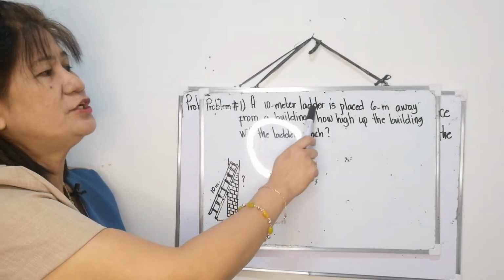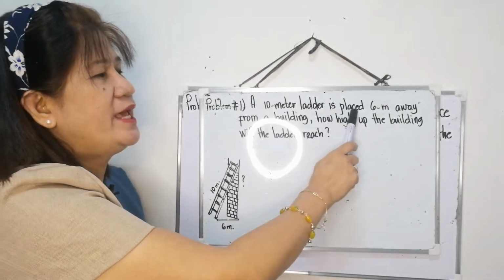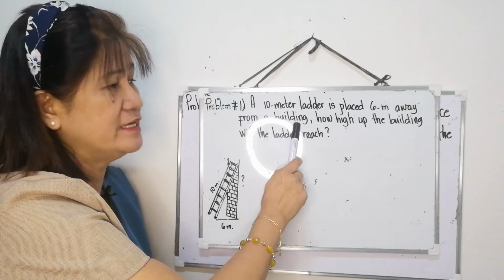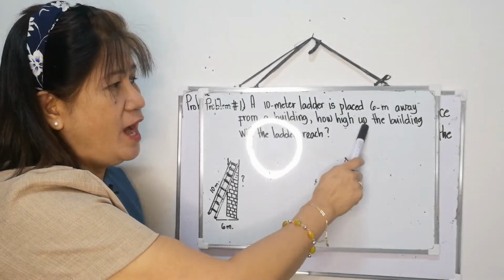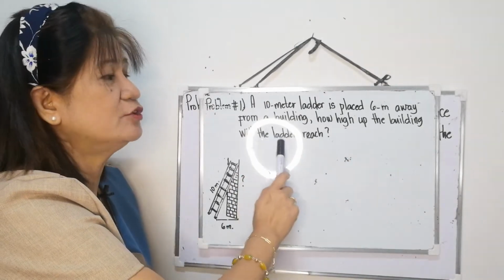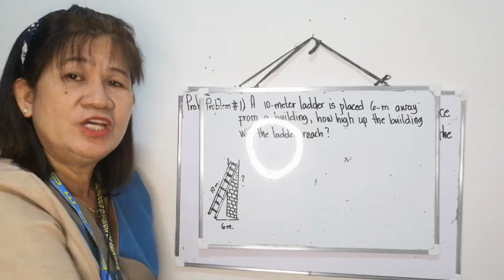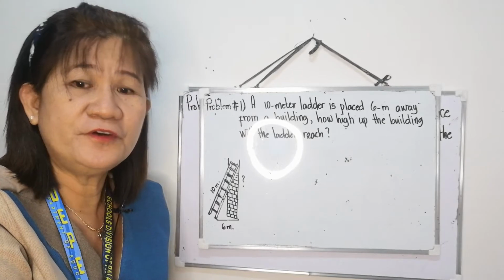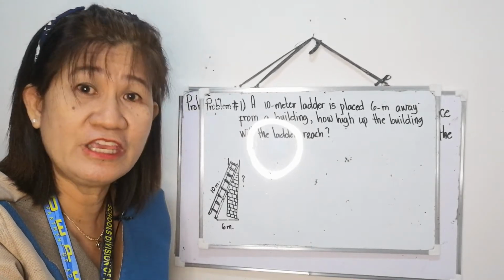A 10-meter ladder is placed 6 meters away from a building. How high up the building will the ladder reach? So if you remember, when you are solving a problem, first you should analyze the given problem.